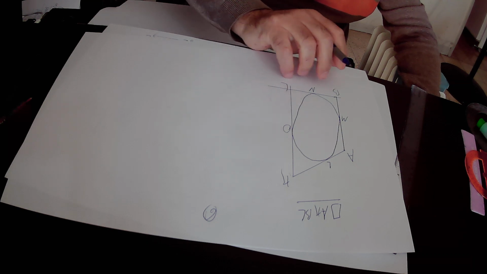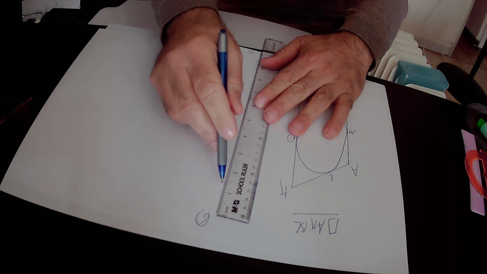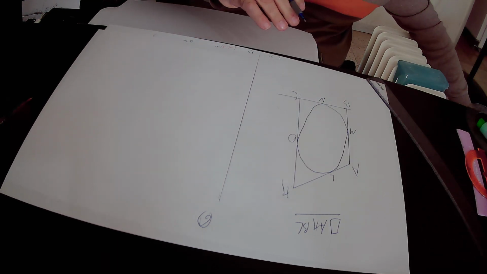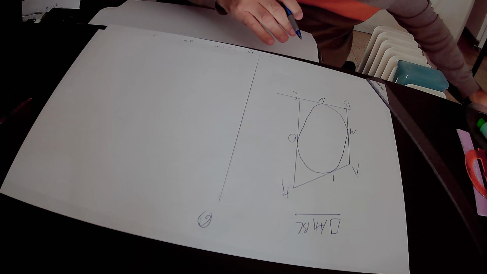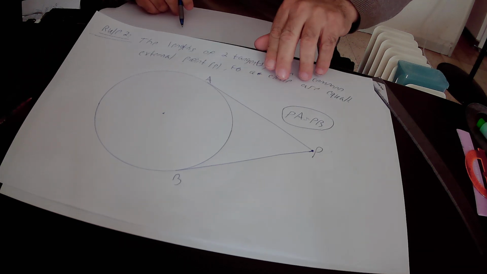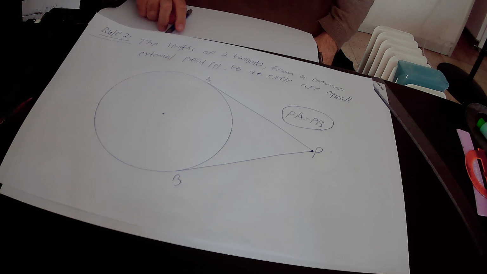So in the next step I will present to you a new rule and we will implement the new rule in our drawing. We have actually rule number 2. According to rule number 2, the lengths of two tangents from a common external point to a circle are equal.